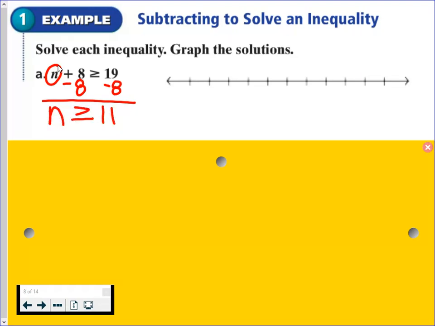Very important when you bring down not an equal sign, when you bring down the greater than or equal to sign, to keep it facing the same direction.